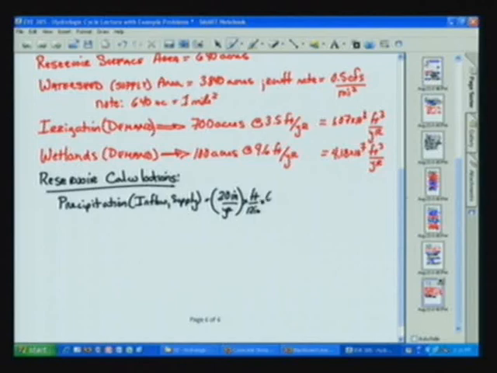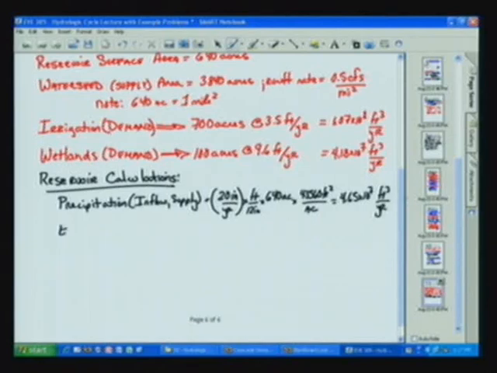We have 640 acres, and we have 43,560 square feet in an acre, which yields 4.65 times 10 to the 7 cubic feet every year.